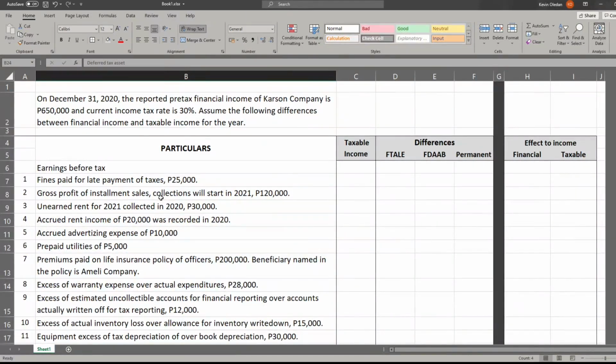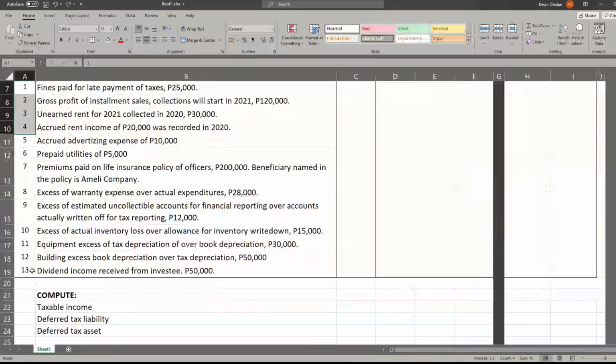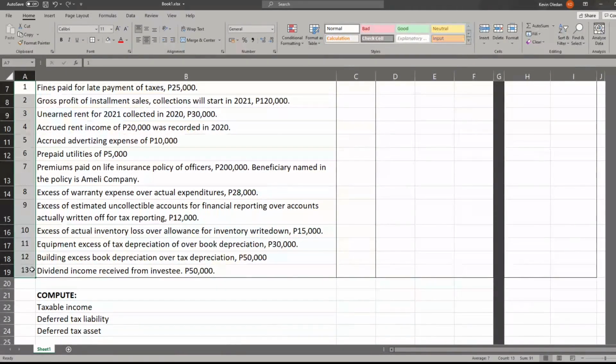Now, on December 31, 2020, the reported pre-tax financial income of Carson Company is $650,000 and the current income tax is 30%, assuming the following differences between financial income and taxable income for the year. So, these items of 1 to 13 are our financial and taxable differences.